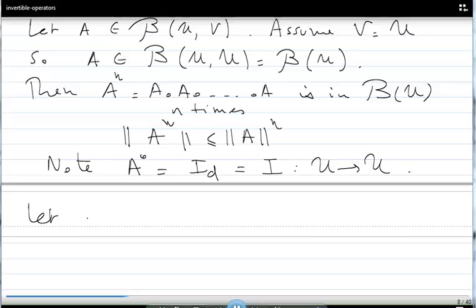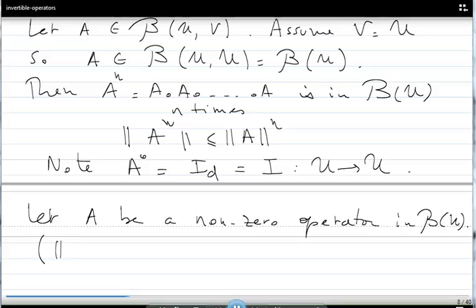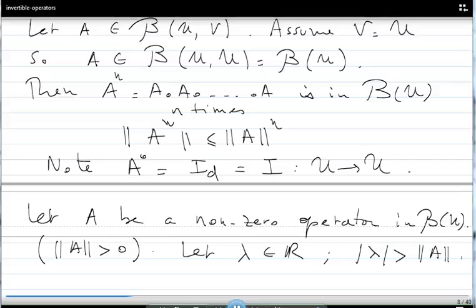Let A be a non-zero operator in B(U). So of course this means that the norm of A is strictly positive. And let lambda be a real number such that the absolute value of lambda is bigger than the norm of A. Okay?